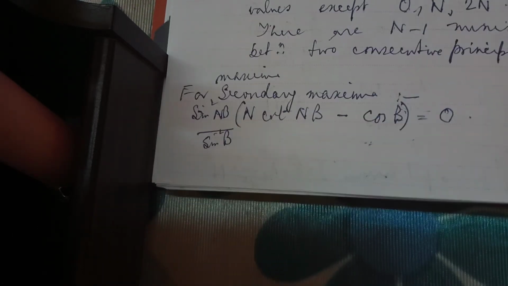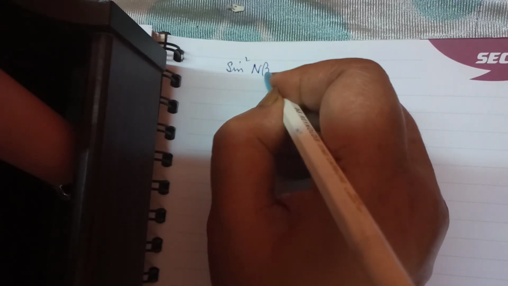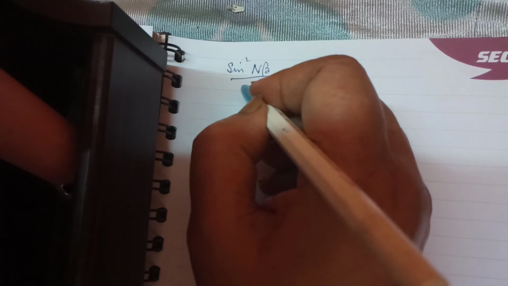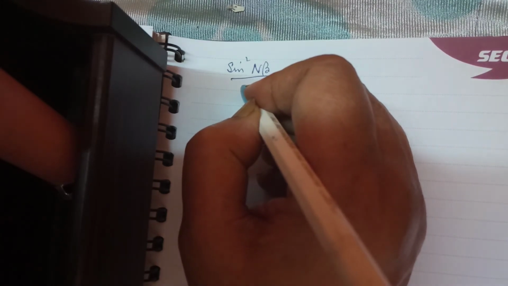You can show that sine square n beta, I'm not going to go into the details, because you have it and you will not get this derivation for your exam.